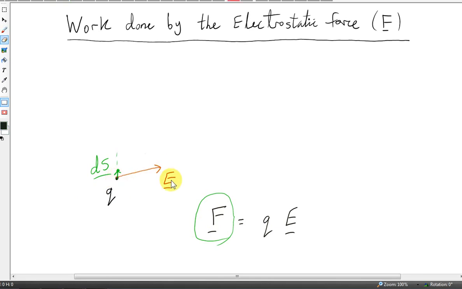Now I will show vector F instead of vector E. Vector F is along the same line as vector E, since it's just a scalar multiple of E. Of course, it could be in a direction opposite to the picture I'm showing here, if Q happens to be negative.